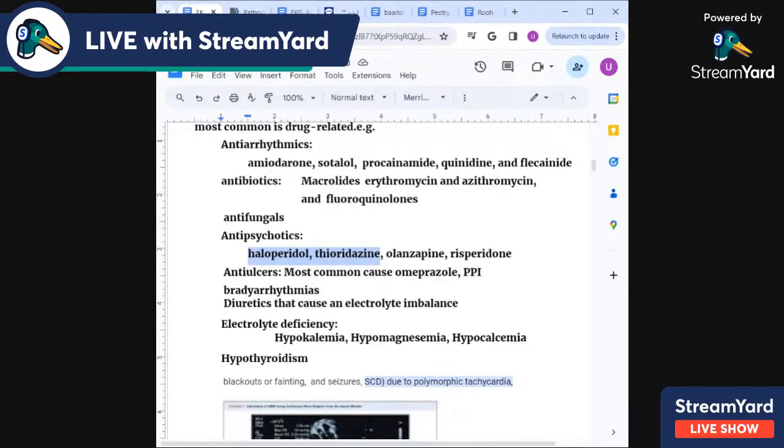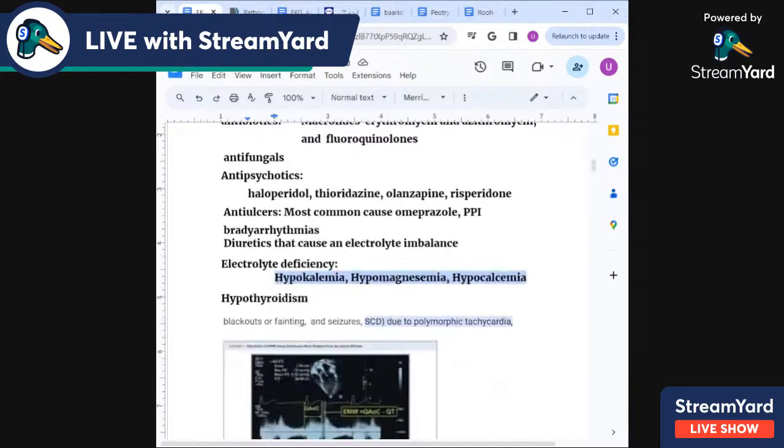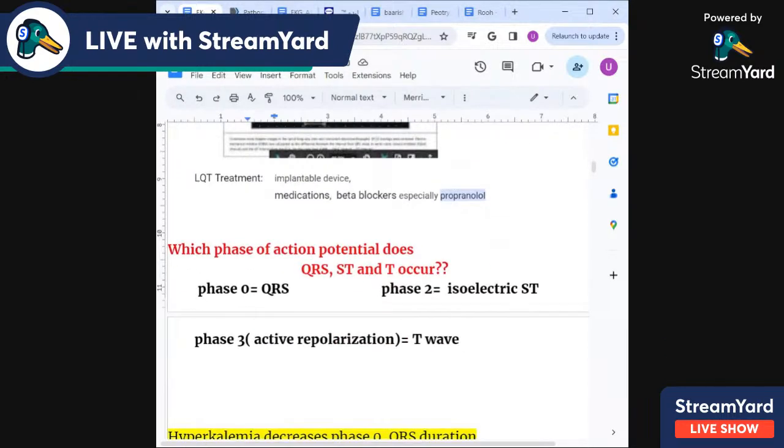Amongst the anti-ulcers, omeprazole is the most common cause of drug-induced long QT syndrome. Omeprazole is a proton pump inhibitor and an anti-ulcer. And diuretics may cause electrolyte deficiency; hypokalemia, hypomagnesemia, and hypocalcemia also cause long QT syndrome.